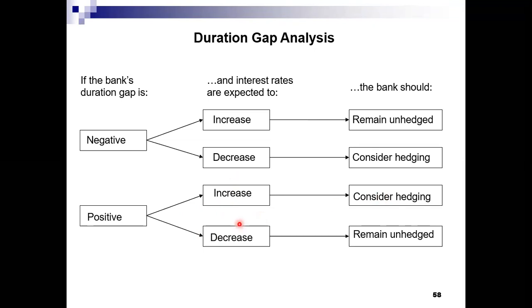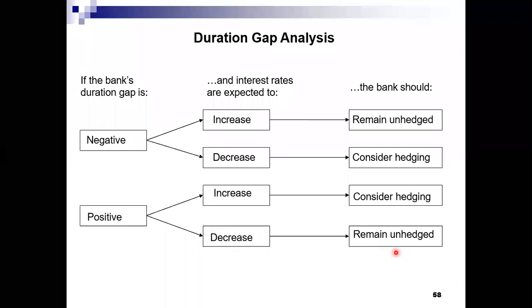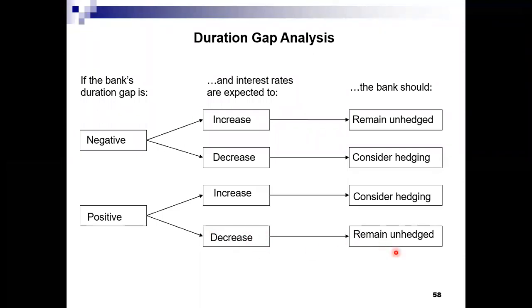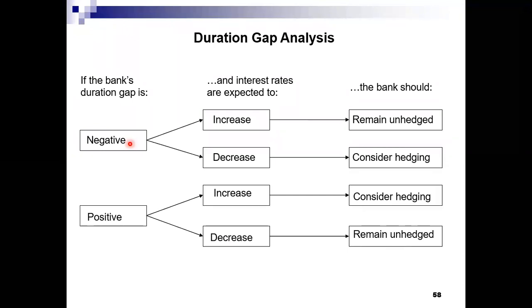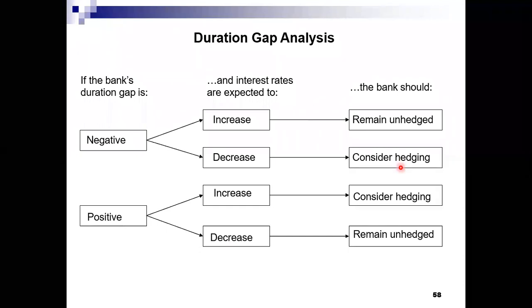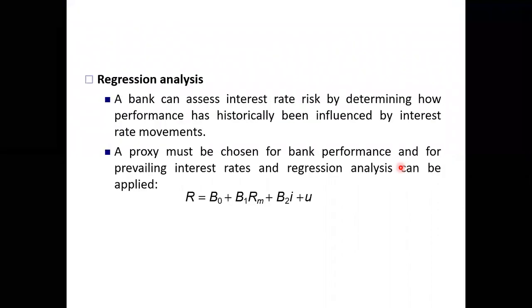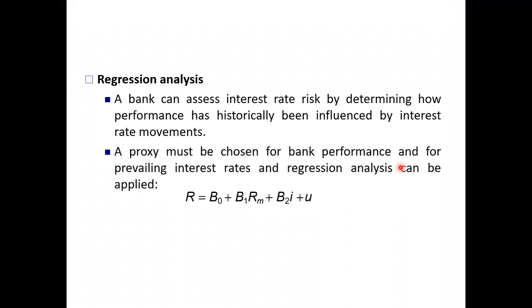In case of a decrease in interest rate, remain unhedged, no need to hedge. When the duration gap is negative and interest rate increases, no need to go for any hedging. In case of a decrease in interest rate at the negative gap, consider hedging, right? This is the summary.